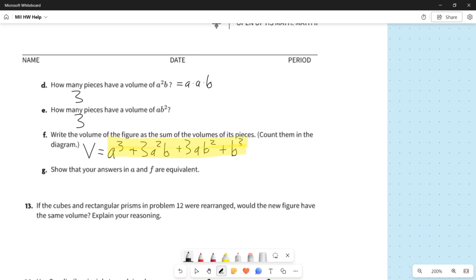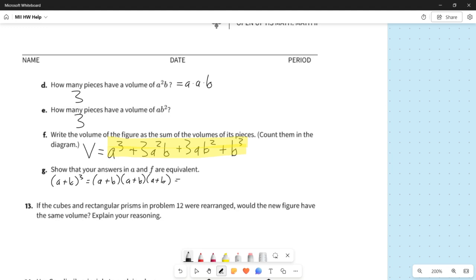Well, in order to do that, we're going to start with our answer for A. So we're going to start with A plus B cubed. Now, when you cube something, it means that you're multiplying it by itself and then by itself again. That's just what cubing does.